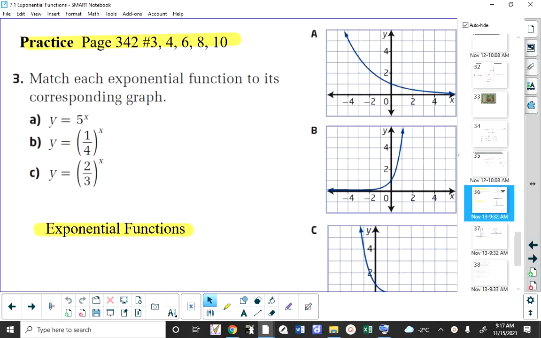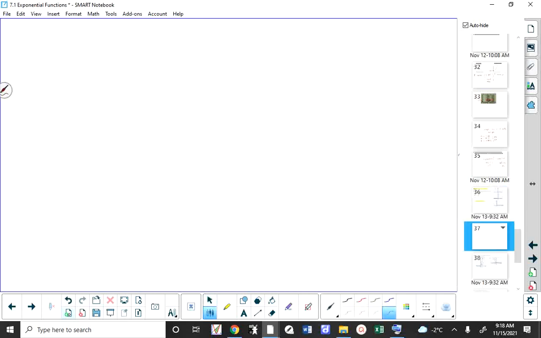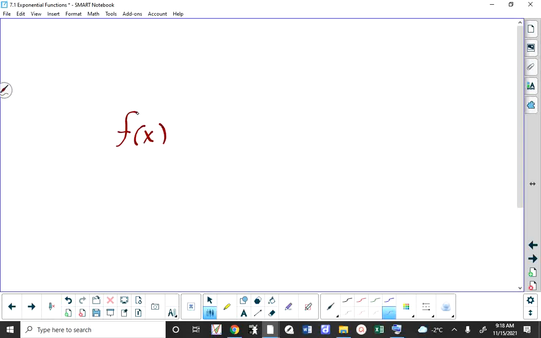Let's open up our books, please, to the practice problems from the lesson way back on Wednesday dealing with exponential functions. The gist of what we learned on Wednesday of last week is that exponential functions are functions of the form f of x equals some base raised to the x.